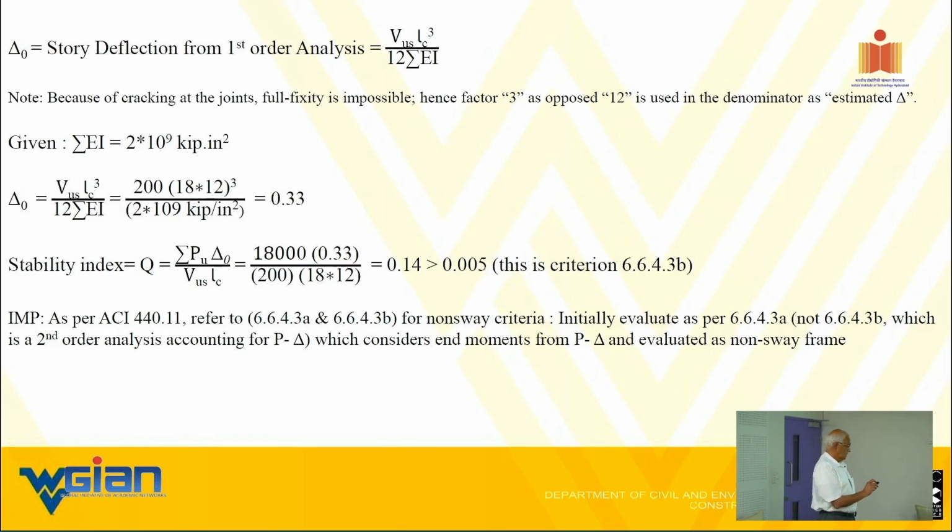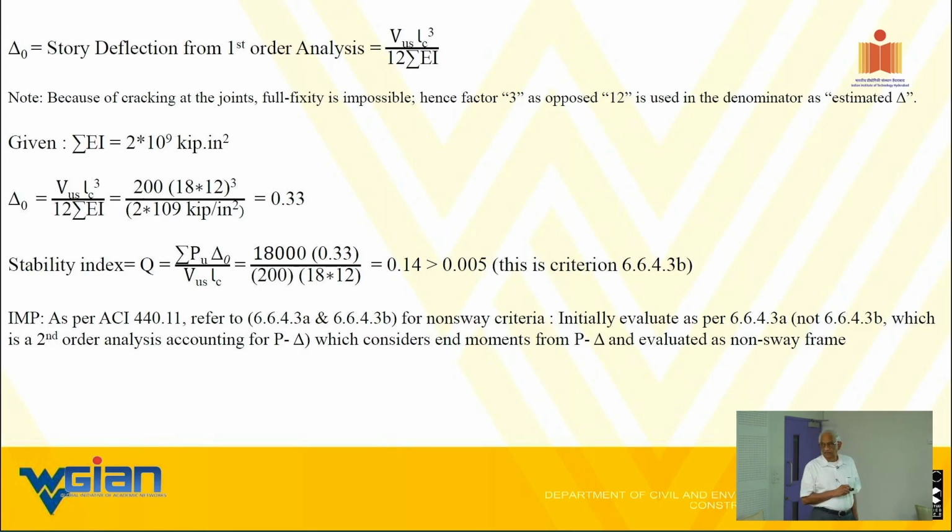So EI is given. So the delta is 0.33 based on that equation. Again, that assumption is from ACI. This is what they call the stability index. This is the P U times the delta. You see that P delta effect now? But this is empirical, mind you, not second order analysis. That is the difference. So in a very convoluted manner, we arrived at the delta effect.